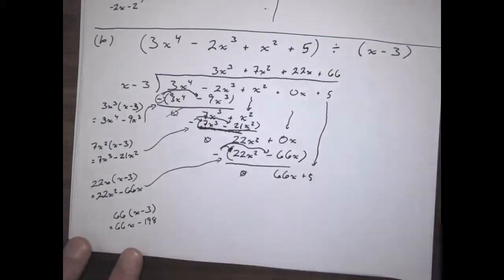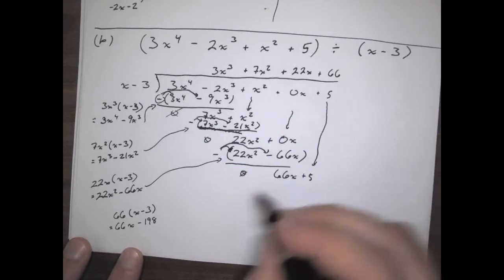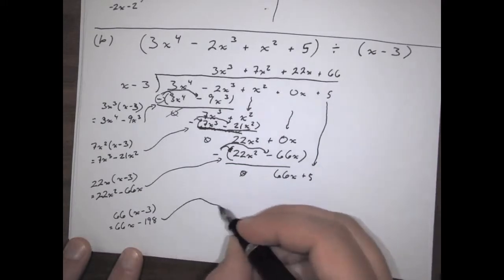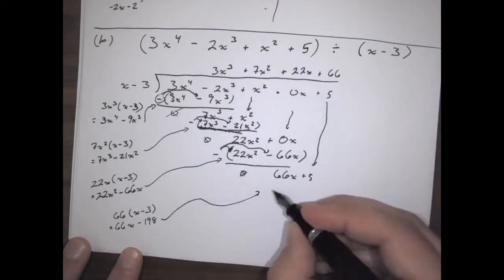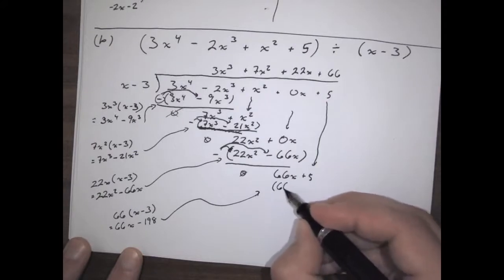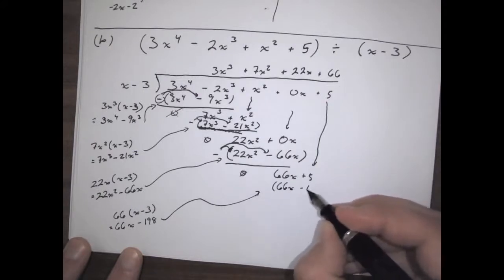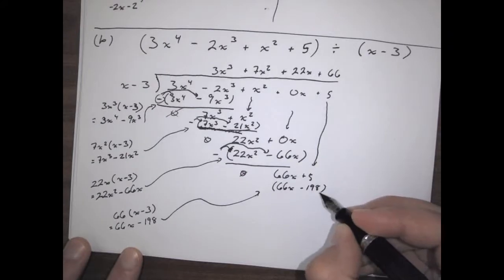Okay, and then that in turn goes over here, which we then have 66x minus 198.